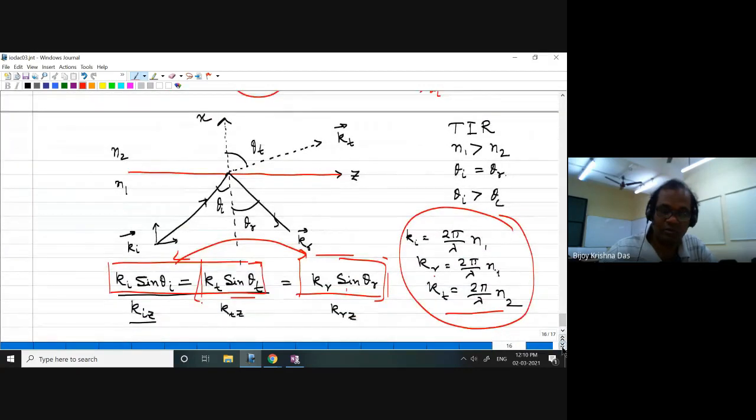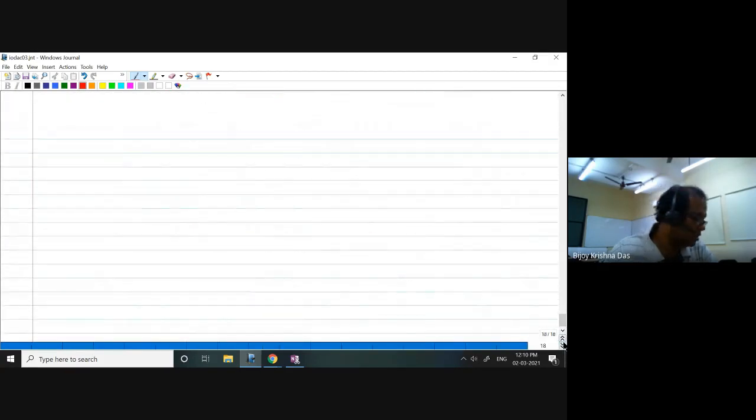Right. So let me just consider the case of the other thing. We just consider kt cosine theta t. What is that? Kt cosine theta t is basically the ktx component, right?